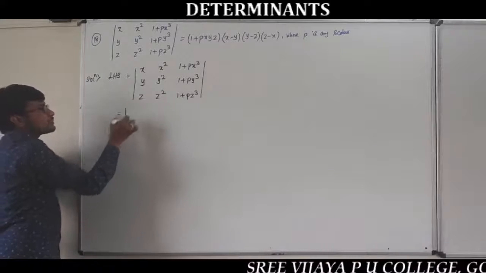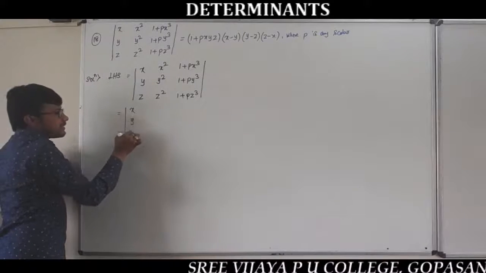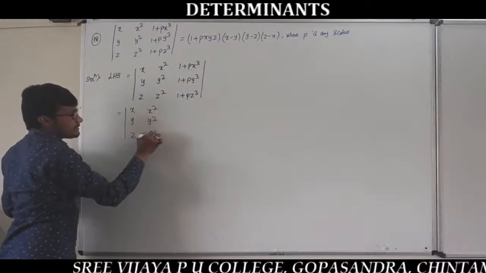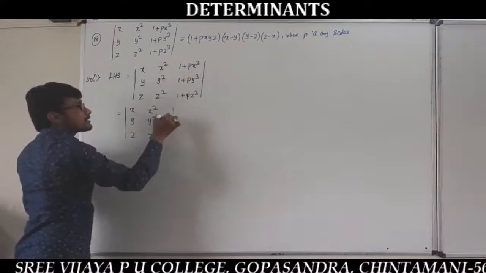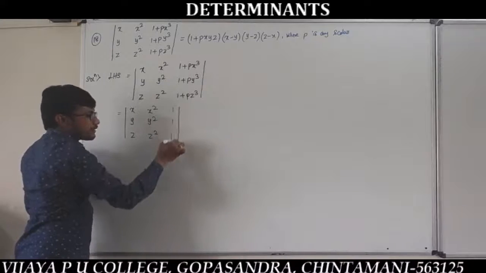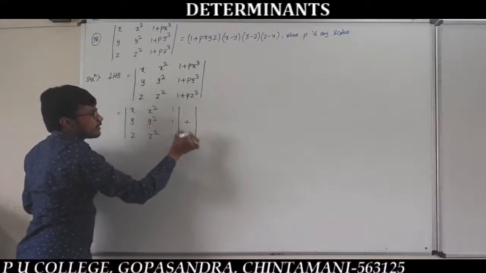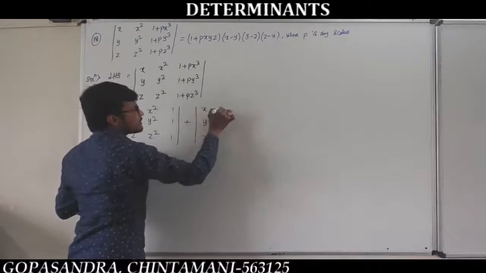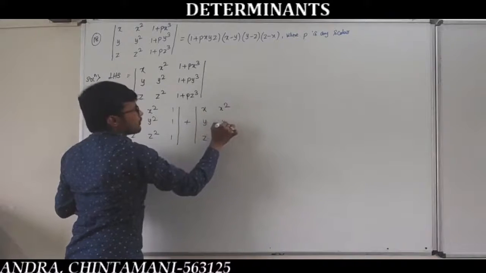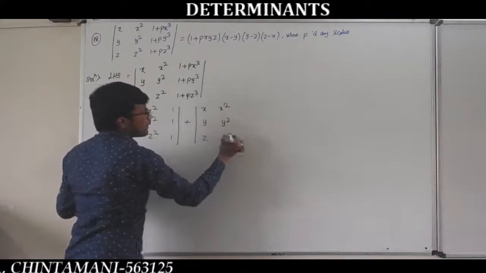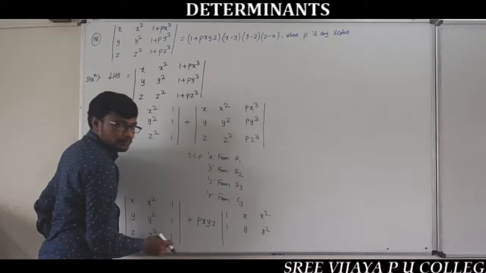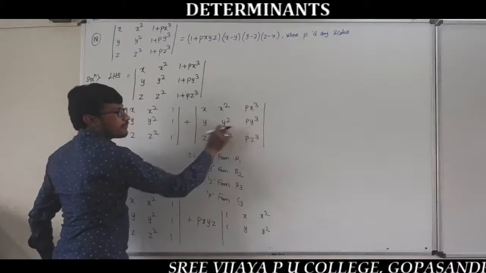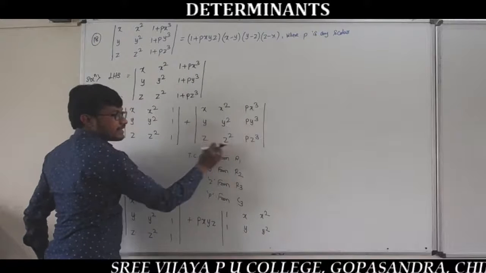For the first determinant, column 1 x y z, column 2 x square y square z square, column 3 can be written as only the first element, that is 1 1 1, plus the second determinant, column 1 as it is x y z, column 2 x square y square z square, and column 3 the p x cube terms. From the first, column 1 x, remaining 1 x x square, y 1 y y square, z 1 z z square.